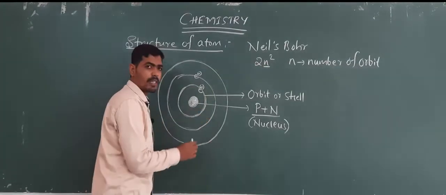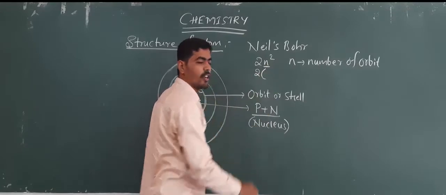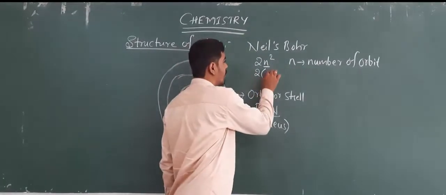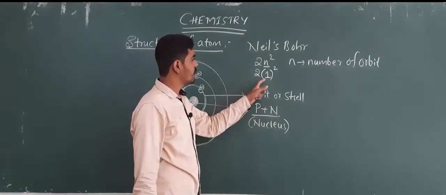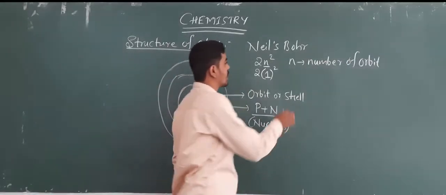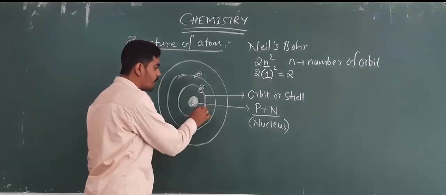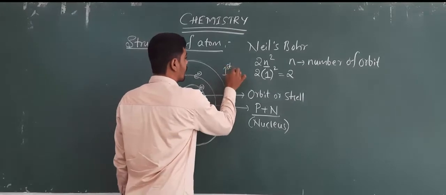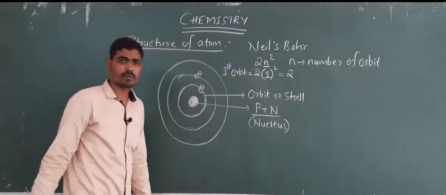For the first orbit, 2 into the value of n, which is 1, so 1 square. 1 square is 1, and 1 into 2 is equal to 2. Therefore the number of electrons present in the first shell or first orbit is 2.